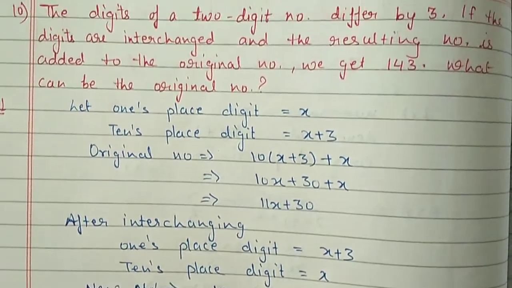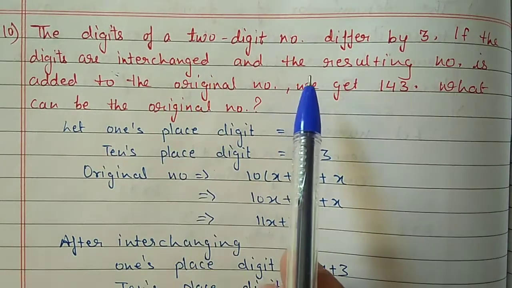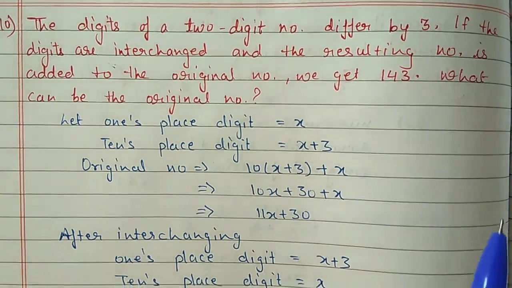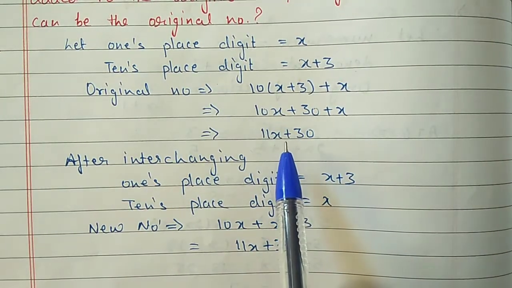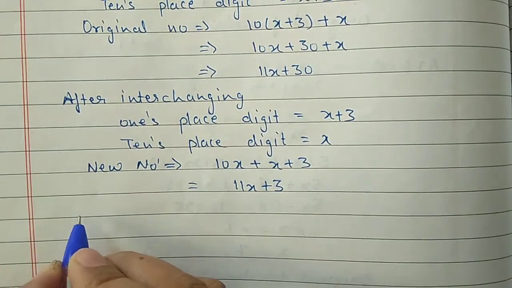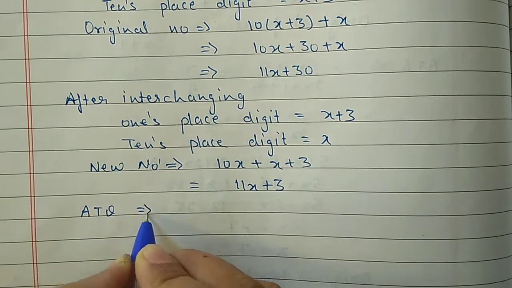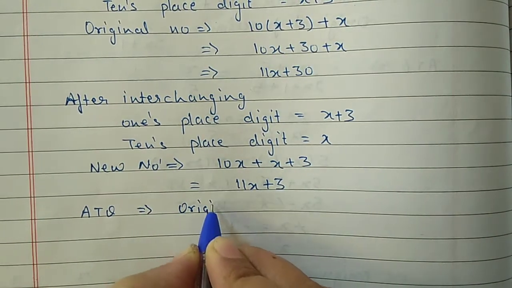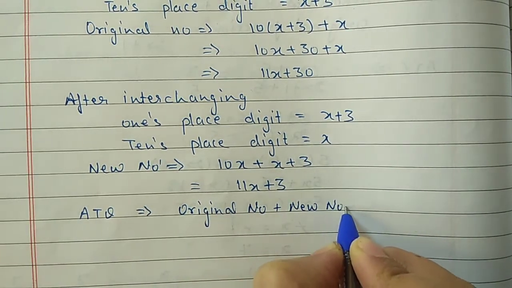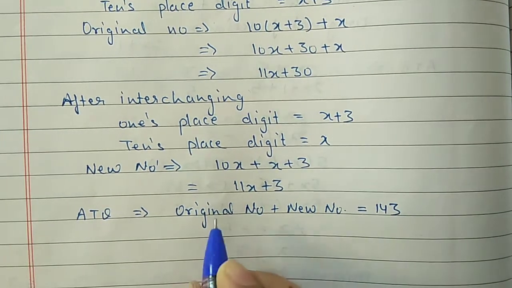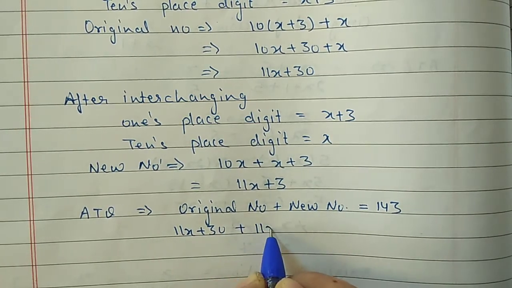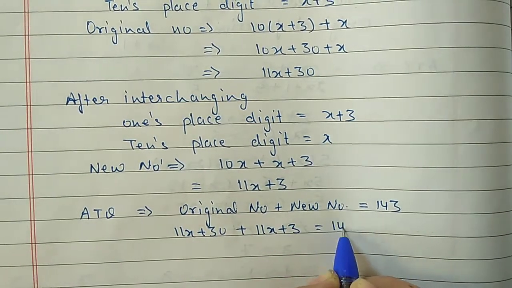Now according to the question, if the digits are interchanged and the resulting number is added to the original number, we get 143. This is the resulting number and this is the original number. If we add these two we will get 143. So original number plus new number is equal to 143. Original number we have 11x plus 30 and new number we have 11x plus 3 equal to 143.